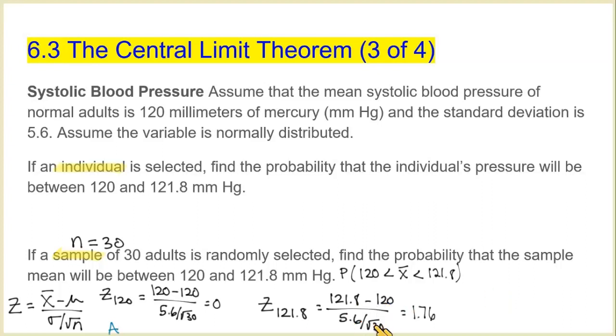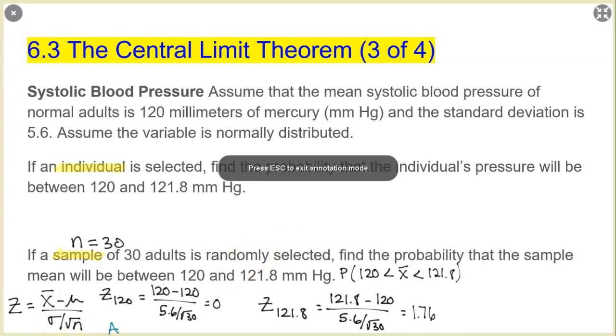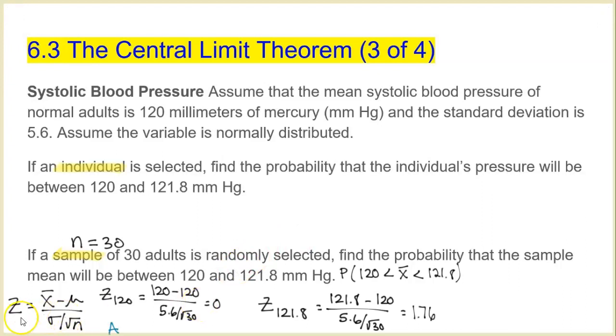So this here affects the z-score when we're dividing the standard deviation by the square root of n, it's making the standard deviation a lot smaller. If I take 5.6, and divide those numbers, as we've seen in the applet, a sampling distribution is a lot less variable than the population.